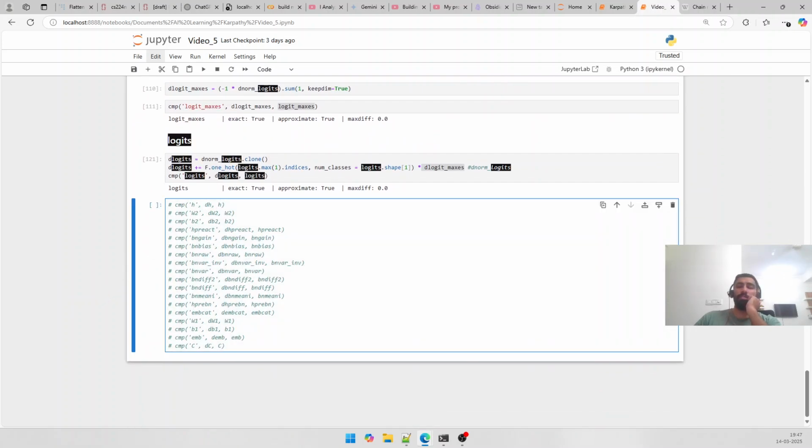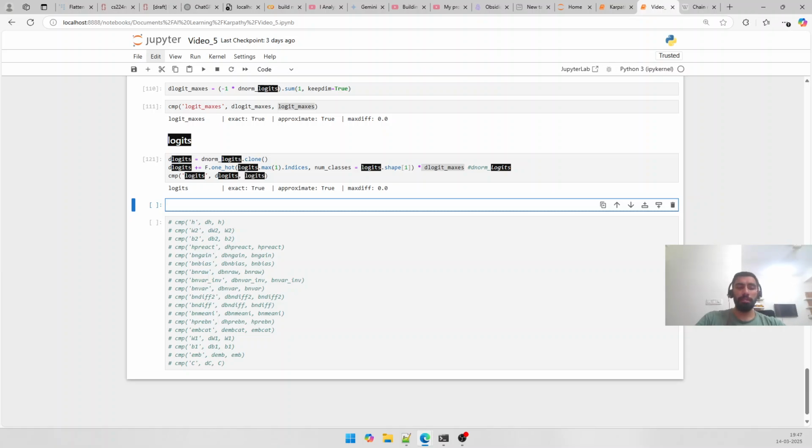So we need to calculate dh. It will be d loss by dh, which will be equal to d loss by d logits into d logits by dh.